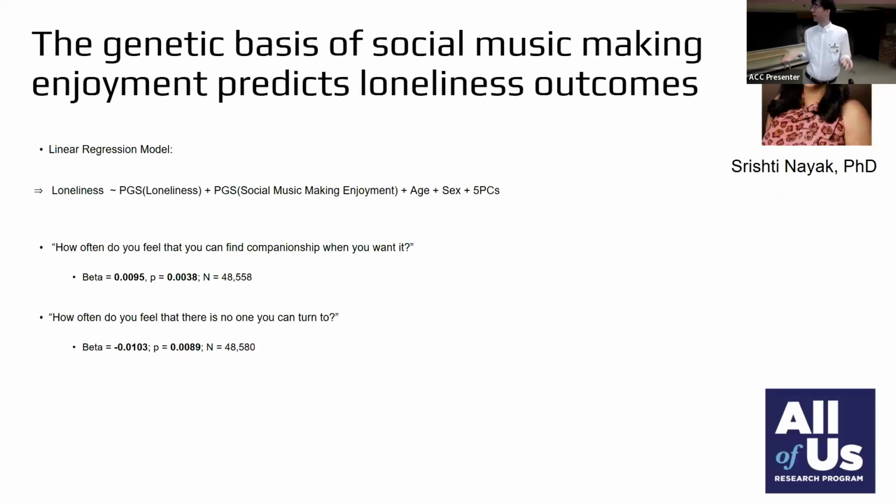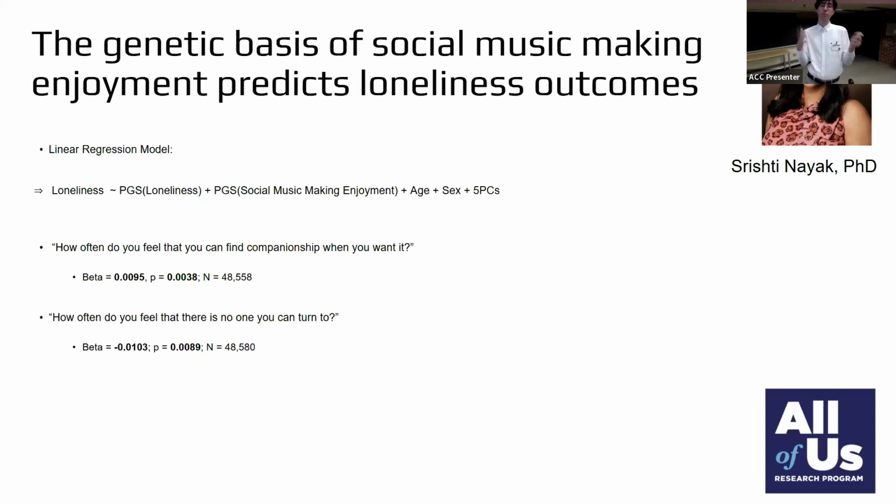But as it relates to loneliness, I managed to get, this is a little bit small, sorry. But essentially, the main message is that in All of Us, I managed to use the data derived from the social determinants of health surveys that they have available.